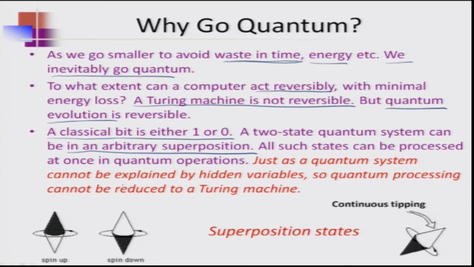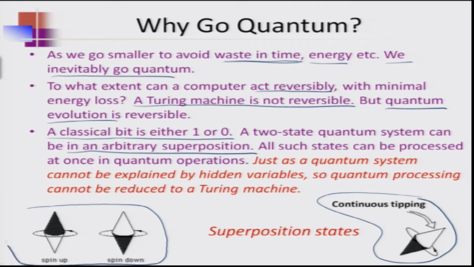So, for example, this continuously tipping system is an example of the superposition principle. While classical essentially means either one or the other in a spin system, in quantum systems it is a continuous tipping kind of situation where in the middle, whatever you are, you can see them. So, those are our superposition states and we can use them.